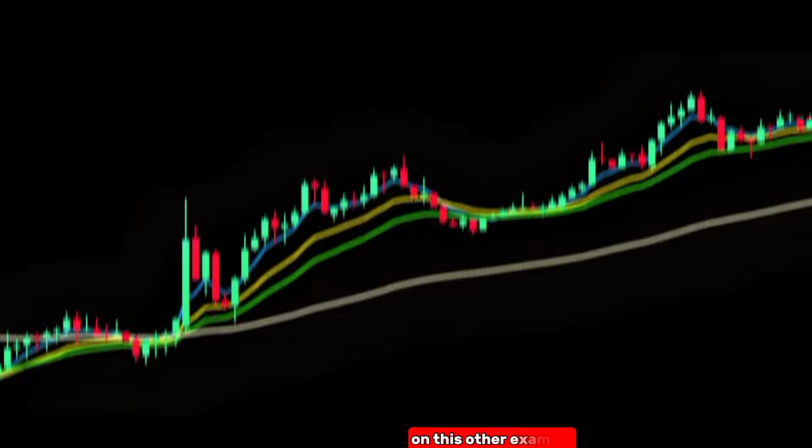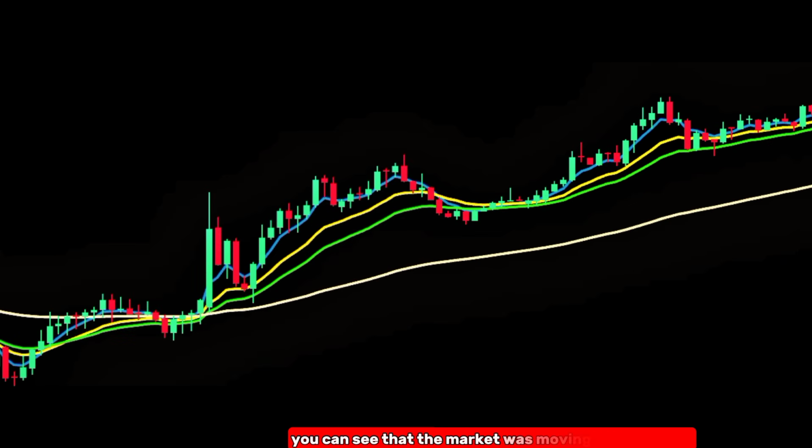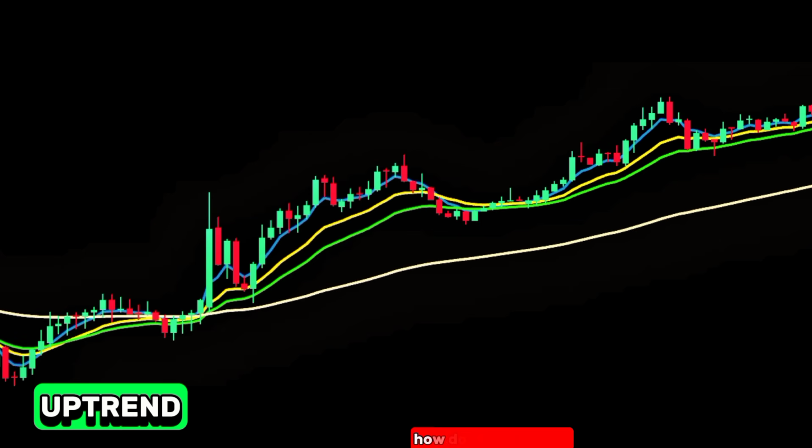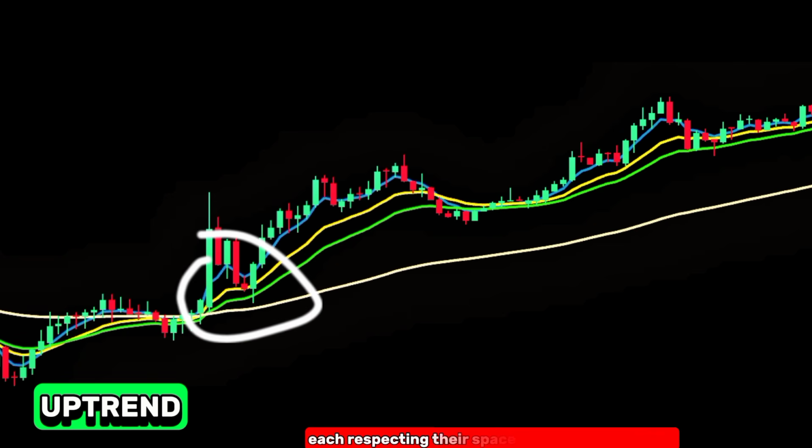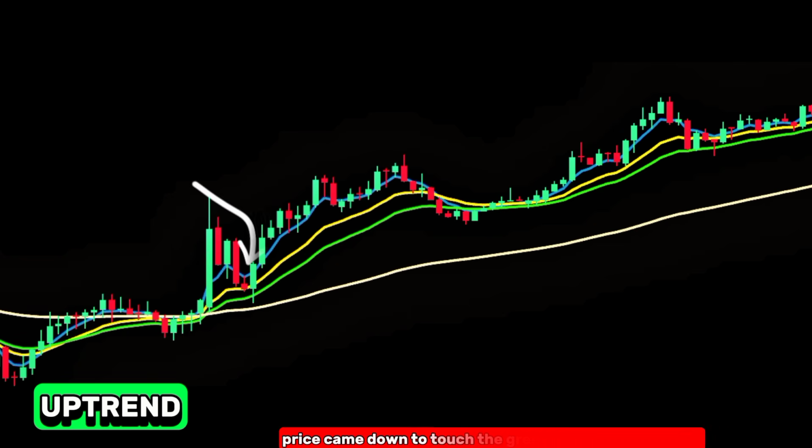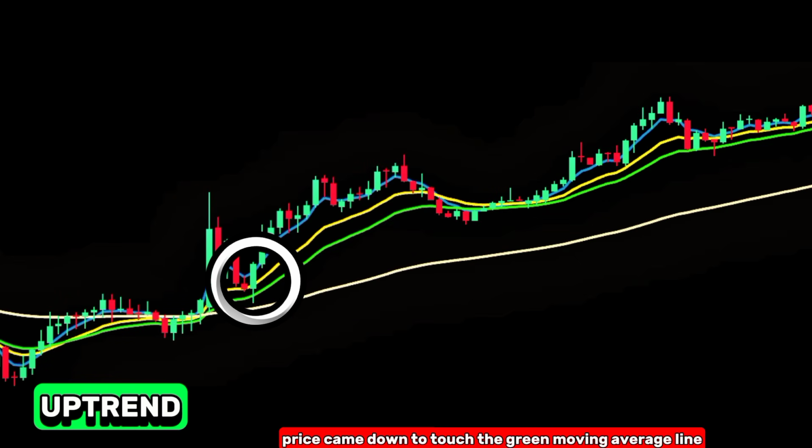In this other example, you can see that the market was moving in an uptrend. How do we know that? That's because the white line is moving below the other lines, and on top of it, you can see that these lines are moving together in unity, each respecting their space and flowing together. And then price came down to touch the green moving average line.